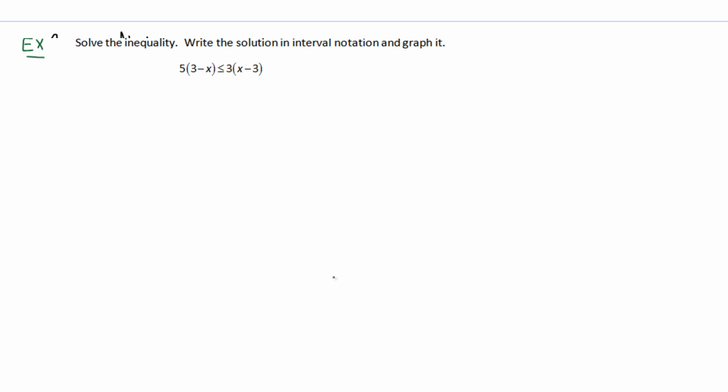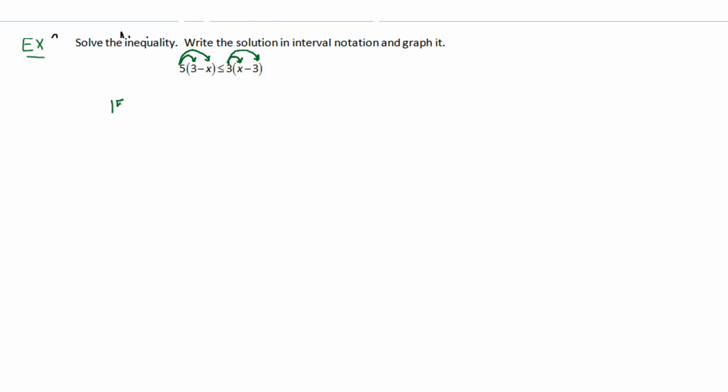So let's use your prerequisite skills here and put them to work. Solving this inequality essentially just means treat it like it's an equality until or if we have to multiply or divide by a negative number. So if I'm going to pretend as though this is an equal sign, first thing I'm going to do is distribute this 5 to each of the objects inside that parenthesis, and I'm going to distribute this 3 to the objects inside the neighboring parenthesis as well.